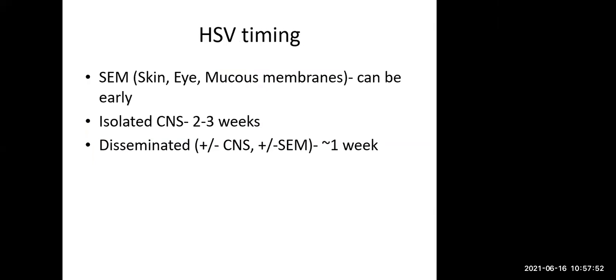Usually HSV, like I've mentioned, has 3 presentations. SEM disease is the earliest presentation. And then you get the meningitis afterwards. Usually a baby with herpes presenting in the first week of life comes with SEM or sepsis, actually full blown sepsis.